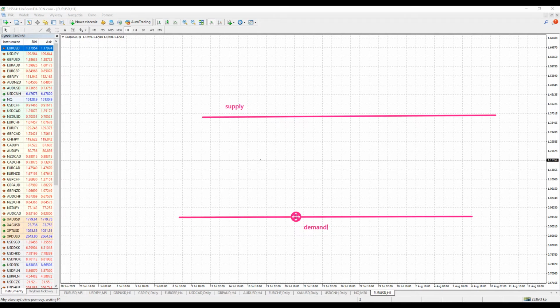And then what I like to see is some kind of price action. Either it could be a single candle. Of course, here we are talking about the daily.